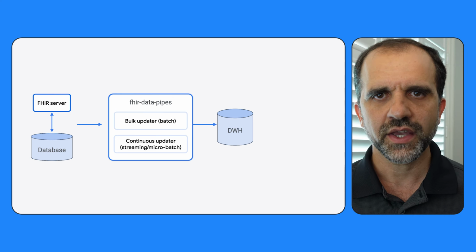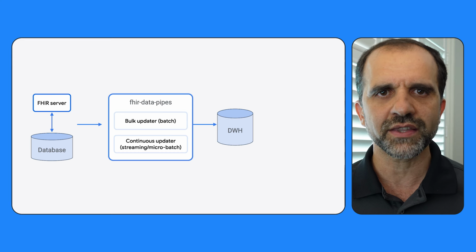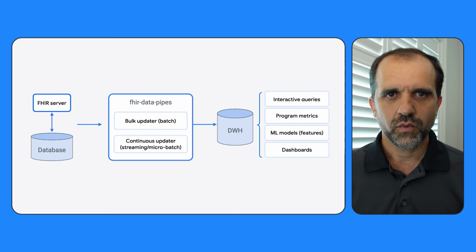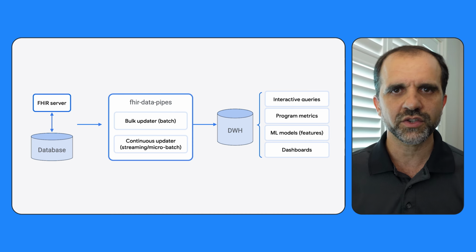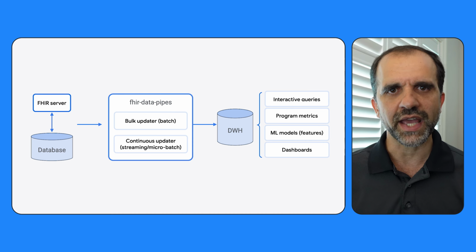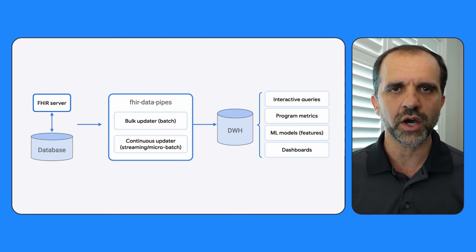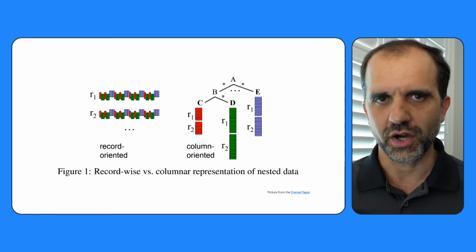The other part is a collection of configurations and tools to simplify the FHIR data schema for analytics queries. Once we address the above two problems, we can use the transformed data for various downstream usages. For example, we may want to create some dashboards or reports from our FHIR data, or extract features for a machine learning model.